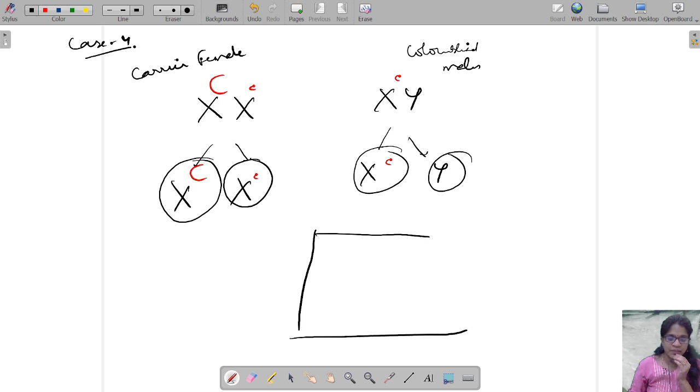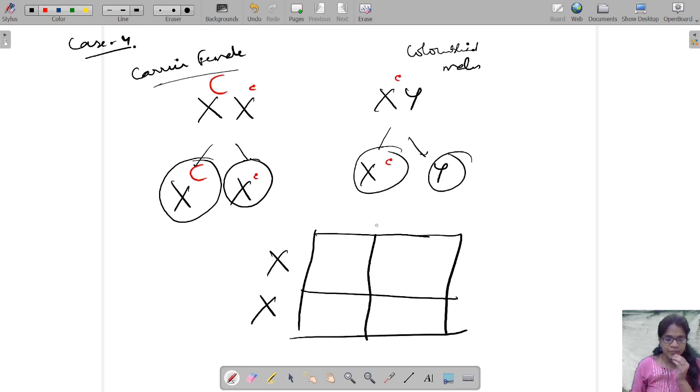That is why I am very particular in drawing them. So that should be understood, right? The concept itself is a little confusing. Okay, these are the carrier females I am taking here, and these are the male. So let me present it this way: capital C, small c, and here small c, right? So let's cross it now.